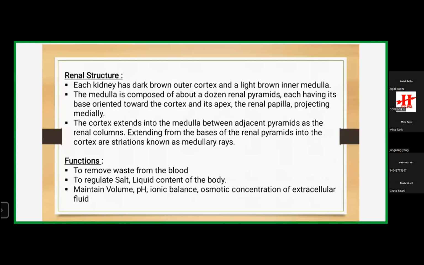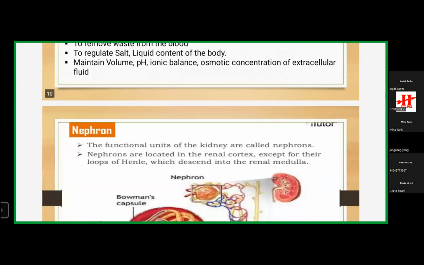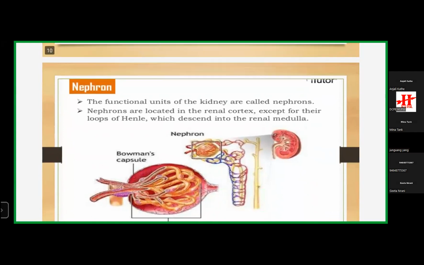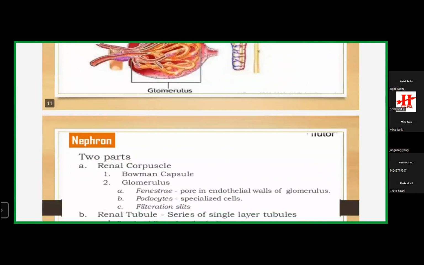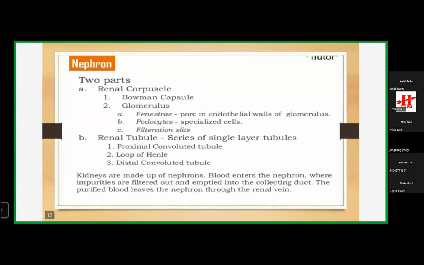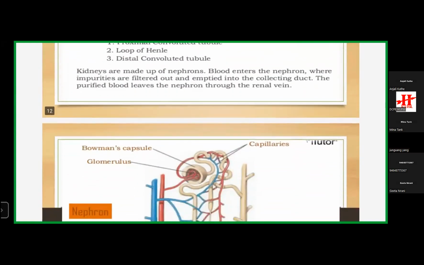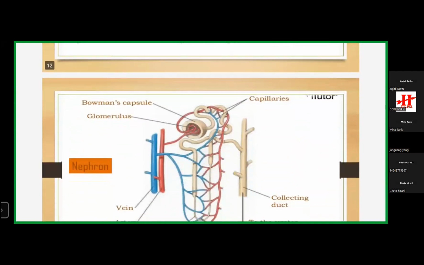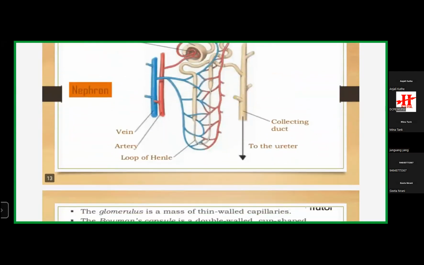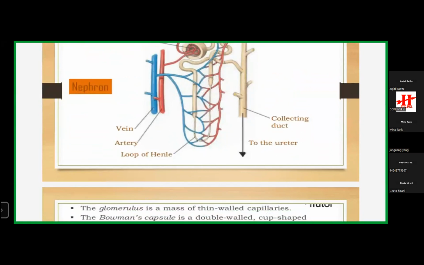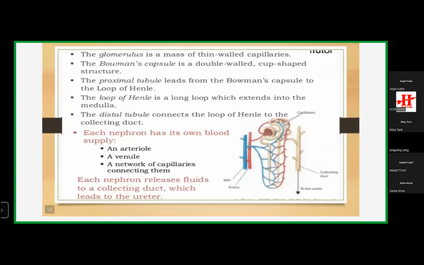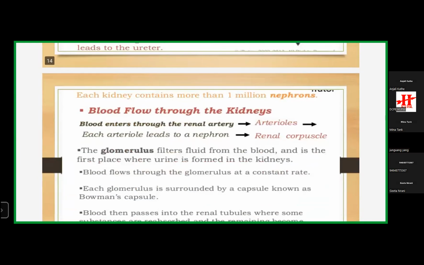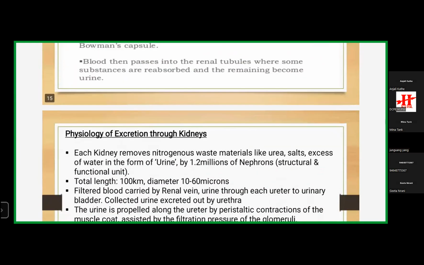And then we have seen the nephron, having the structure: Bowman's capsule, PCT, DCT, then loop of Henle, and from the distal convoluted tubule, lastly the collecting duct, which collects the urine and passes it towards the ureter. This is the microscopic structure of the kidney.